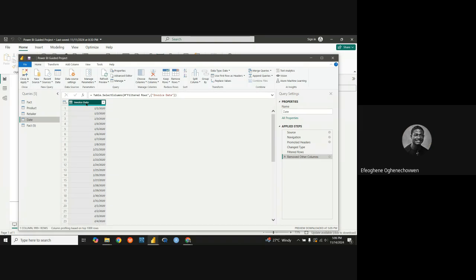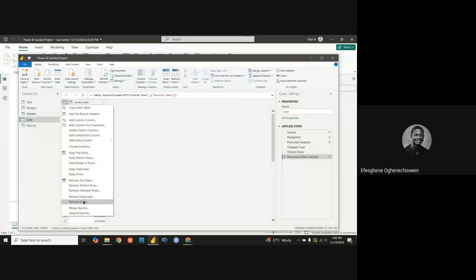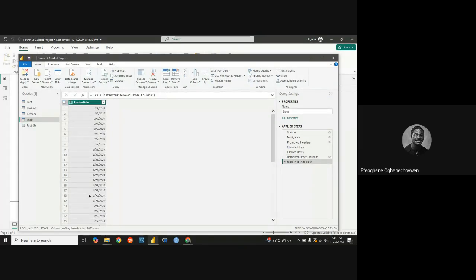Beautiful, thank you. You are a true TEFEM fellow. Well done. So to remove duplicates, I come over and remove duplicates, because the dimension table should be unique.